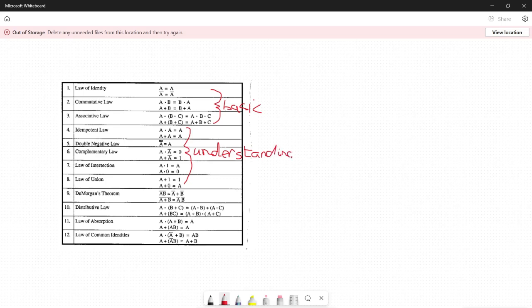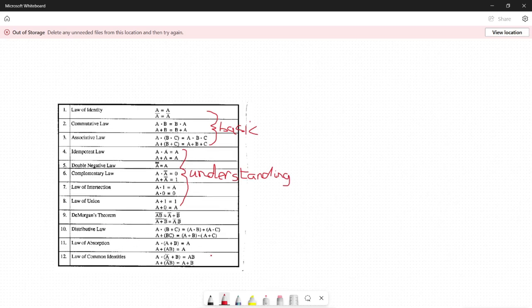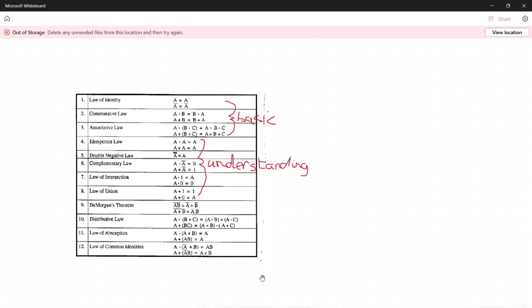Whoa, that's a bit long. Now, these last four are probably the most important. These are the laws that actually help you to simplify things properly. These laws are very, very useful when it comes to simplifying long expressions.